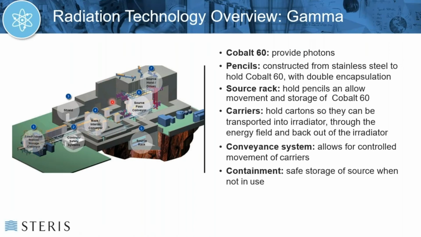And we have various containment things to help us do this safely. Again, we have a pool of water. When the source rack is not in use, when we're not irradiating product, the source rack moves underwater.